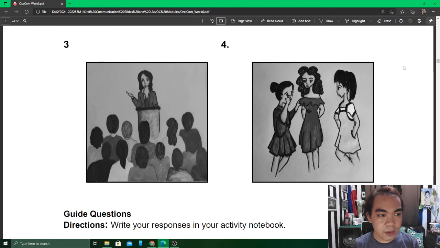And then we have here on the third picture, a woman speaking in front of a crowd. And lastly, in number 4, we have probably one crying or sad woman trying to express her emotions to 2 other women, probably her friends, dira sa picture.